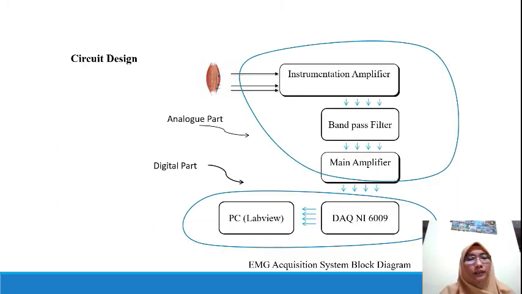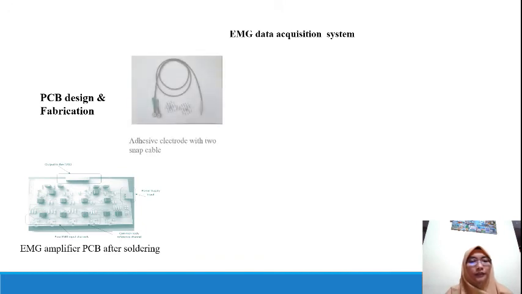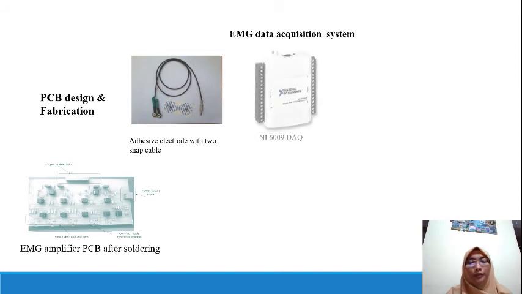Here, this slide will discuss the circuit designs, which involve the instrumentation amplifiers, bandpass filters, and main amplifier. This is under the analog part, whereas under the digital part are the DAQ, the conversions, and also the PC. Here is a slide discussing the PCB designs and fabrications.